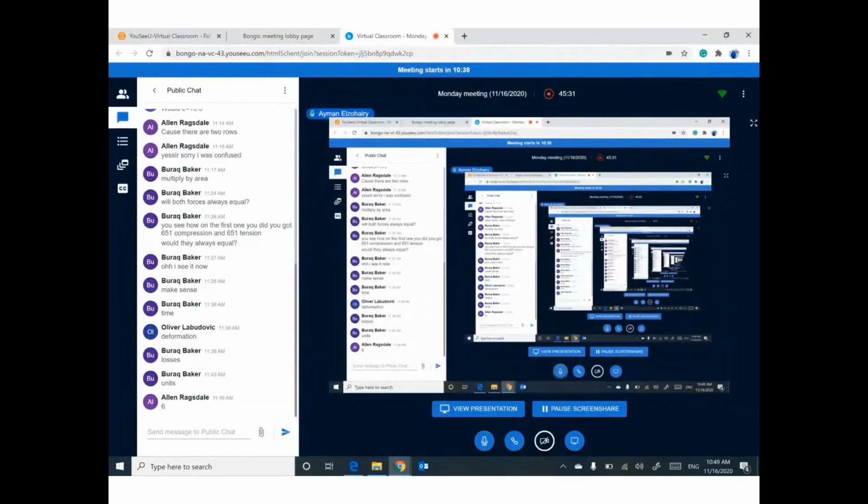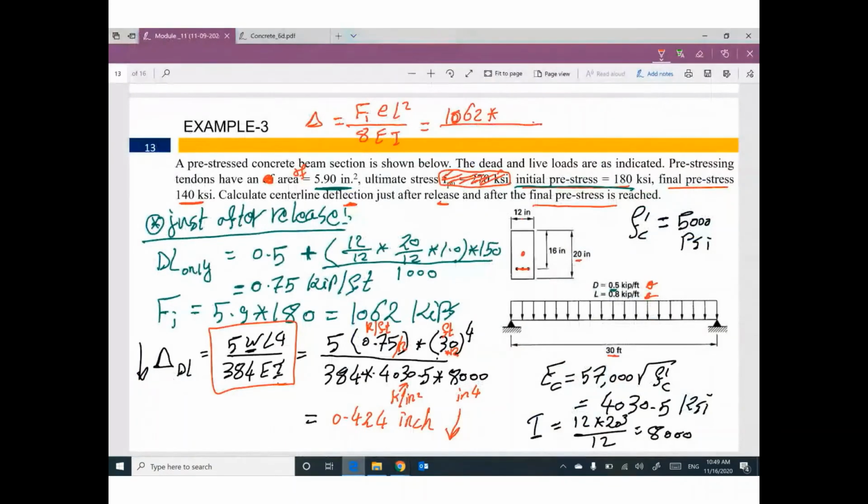Yes, it's 6. I believe the remaining distance will be 4, because 4 plus 16 equals 20. The distance between the centroid and the bottom is 10. The distance between the tendon and the bottom is 4. That means the eccentricity equals 6 inch.